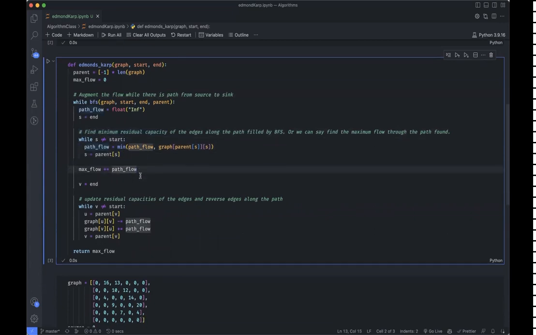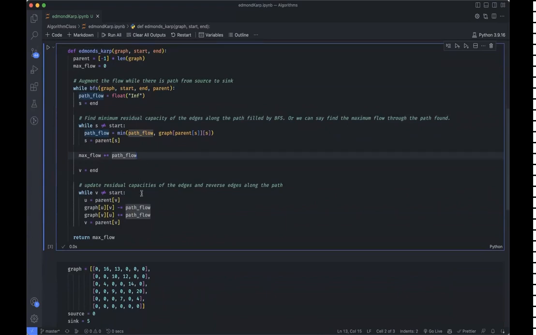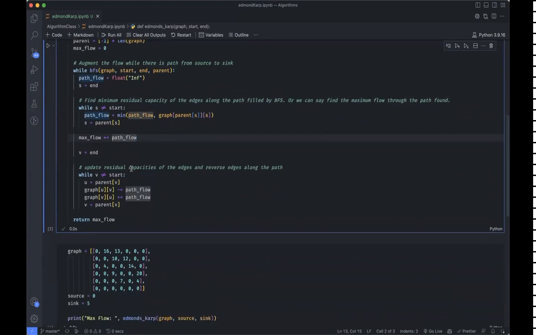Once we have found the minimal residual capacity, we update the flow with it, and at the end we do a residual capacity update again, and we do it until there are no more augmenting paths left. That is the terminating condition for the Edmonds-Karp algorithm.